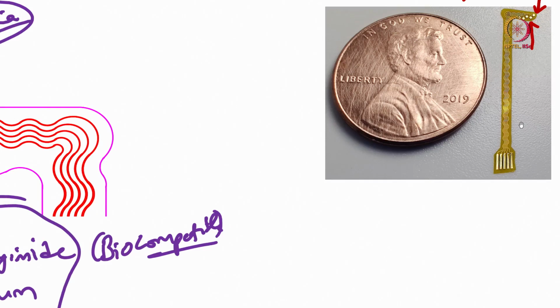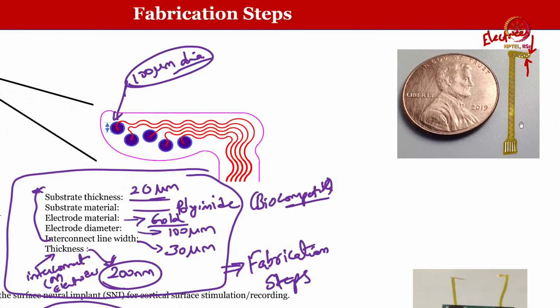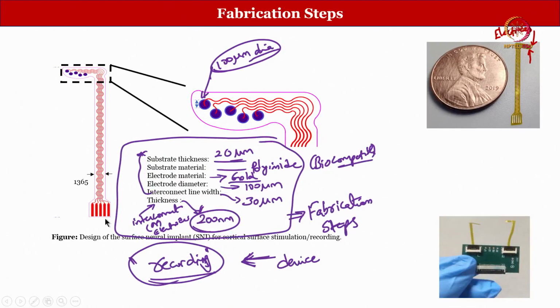And if you look at the other side, these electrodes part will go to the brain. What is the brain that we are talking about? This is a rodent brain, not a human brain, and specifically the motor cortex.